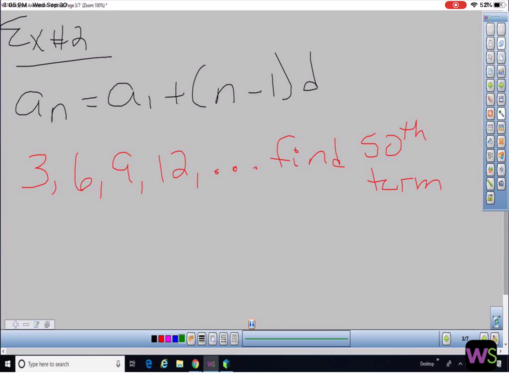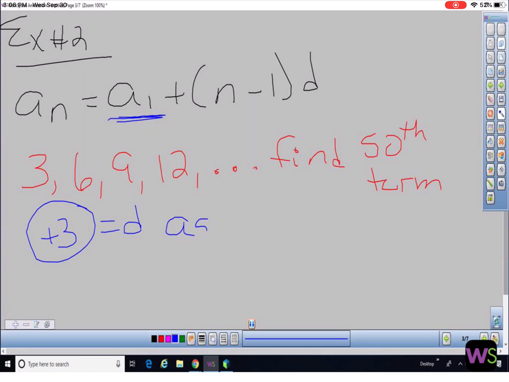I know what's happening: each time I am adding 3. That is going to equal my common difference. So A1 is the first term. So A of 50 is what we're looking for. So we're going to say A, that doesn't look like an A.